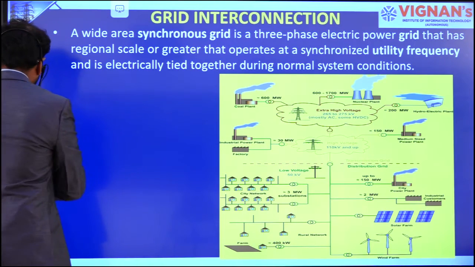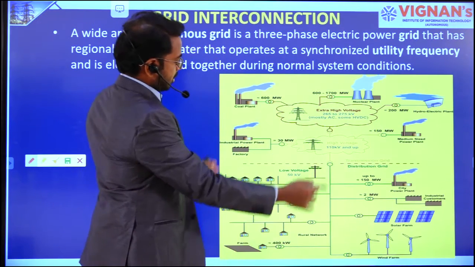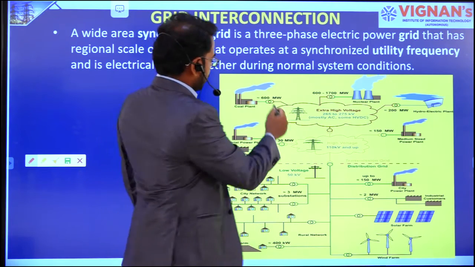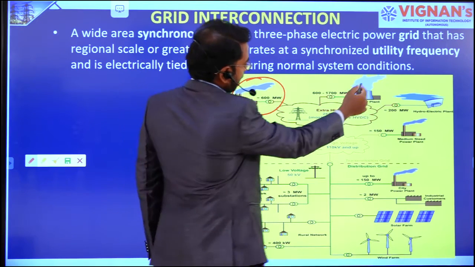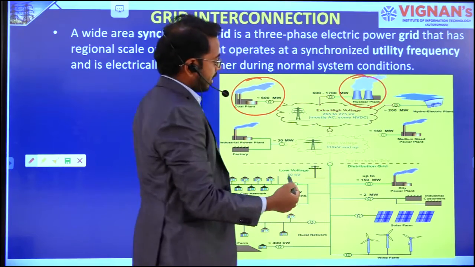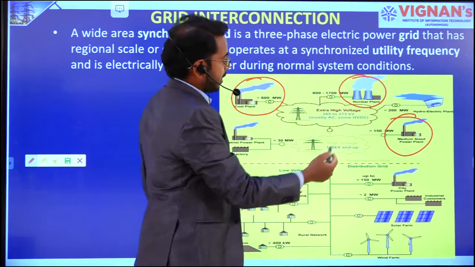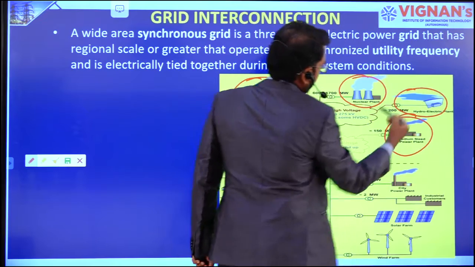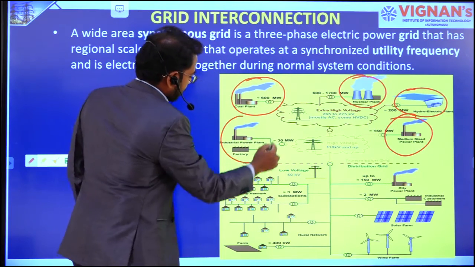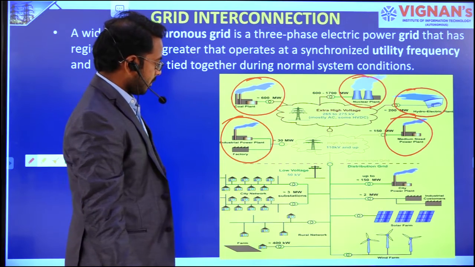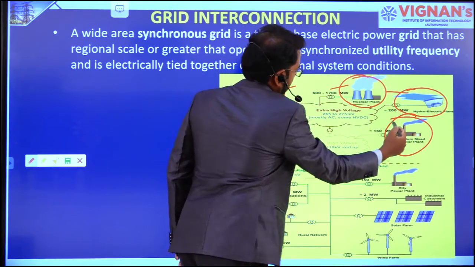Here you can have a look at it. This is the structure of the grid. This is the coal plant, a generating plant. This is one more generating plant. Here we have one more medium sized generating plant, a hydro electric plant, and here an industrial power plant. So these are generating stations.